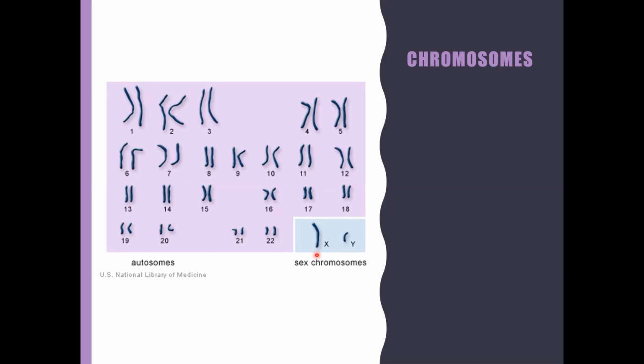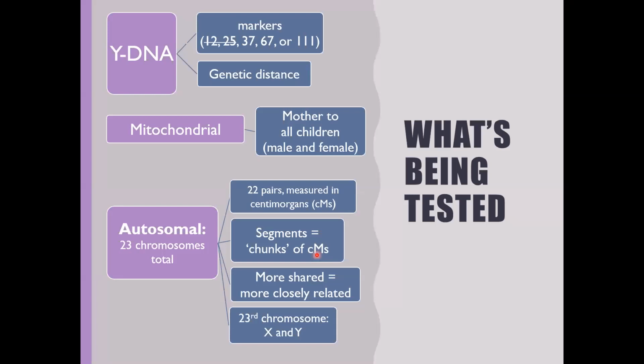So here's a summary of the 3 types. With the Y-DNA, they look at a series of what are called markers, where they basically sample at different points on the Y-DNA and look at how closely related you are. So if you test with 67 markers, which I think they're discontinuing that test, let's say you tested 111.